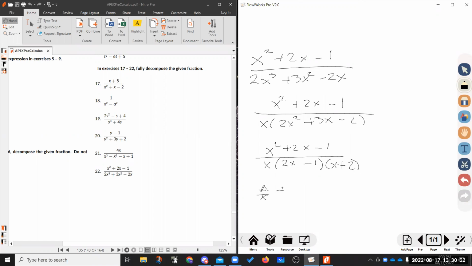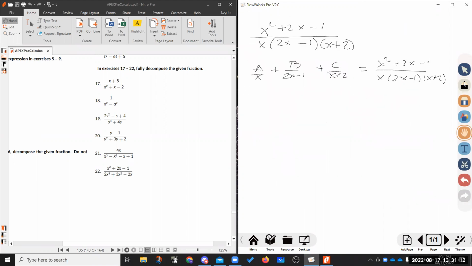This is a over x plus b over 2x minus 1 plus c over x plus 2, equal to x squared plus 2x minus 1 over x times 2x minus 1 times x plus 2. It's going to give us a times 2x minus 1 times x plus 2 plus bx times x plus 2 plus cx times 2x minus 1 is equal to x squared plus 2x minus 1.